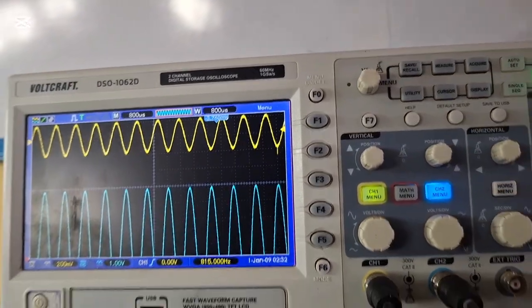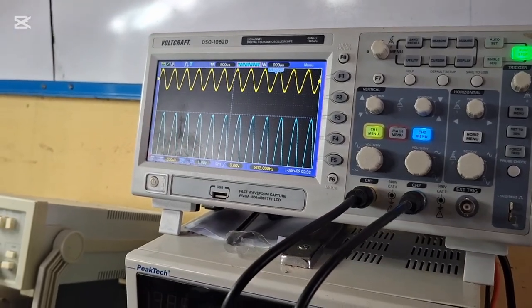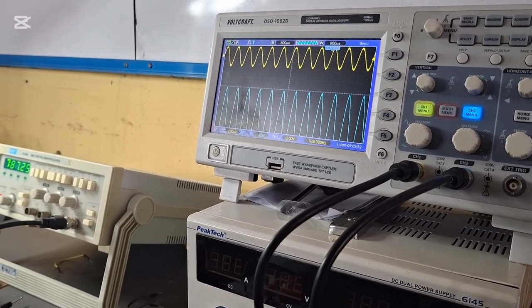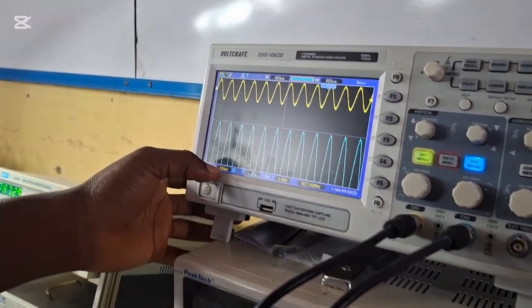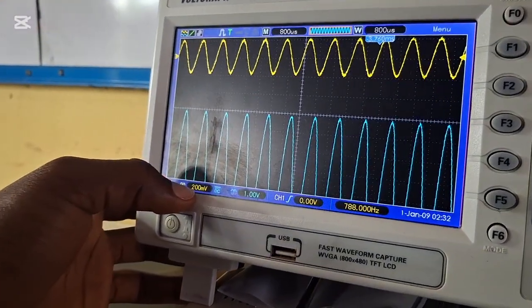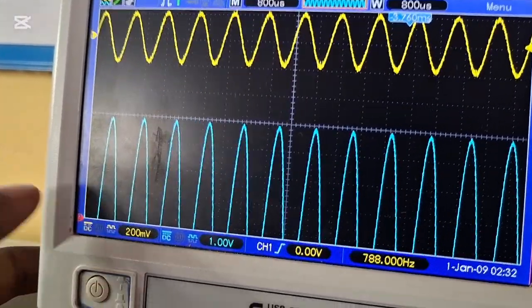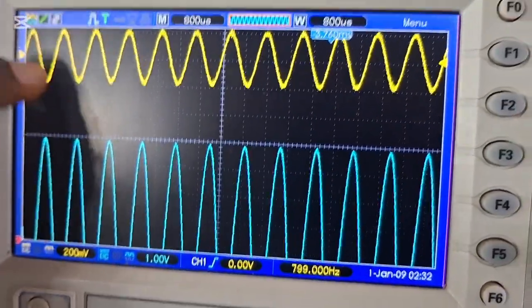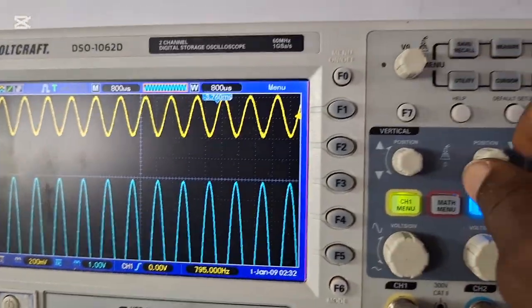So the input voltage waveform here is 0.4 volts. Or if you like, you can say this is 400 millivolts, or 0.4 volts. And then let's look at the output.